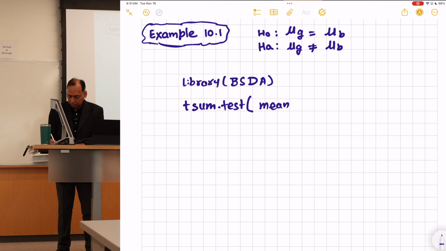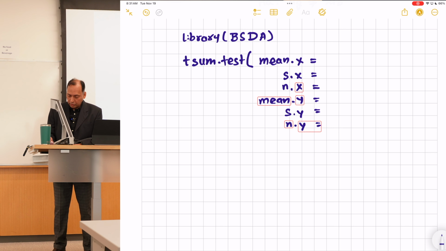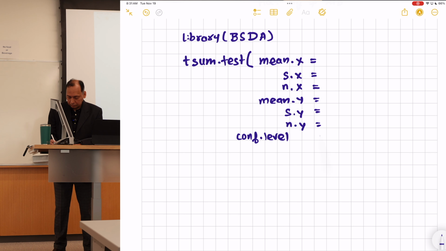You need mean.x, so mean for the first population, standard deviation for the first population, sample size for the first population, mean.y, second population, you need mean, standard deviation, sample size, and you need confidence level.